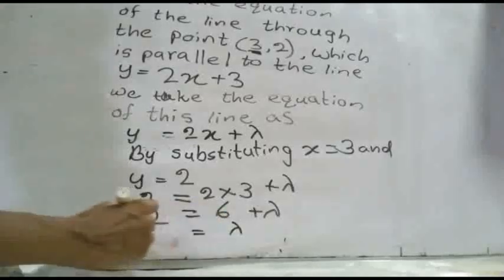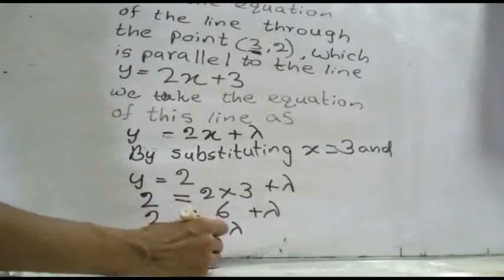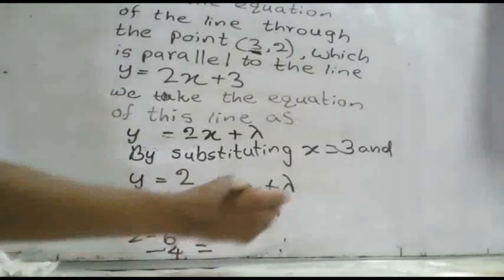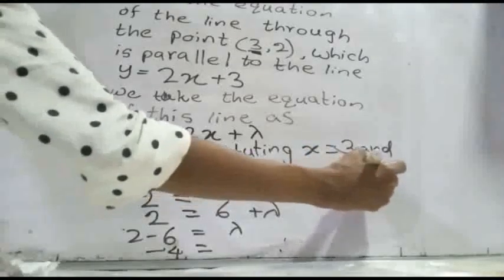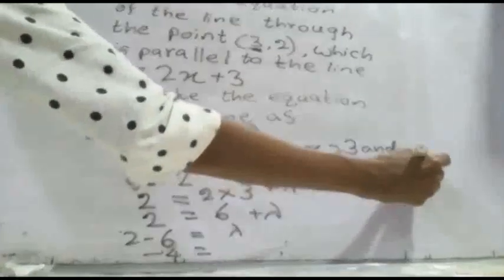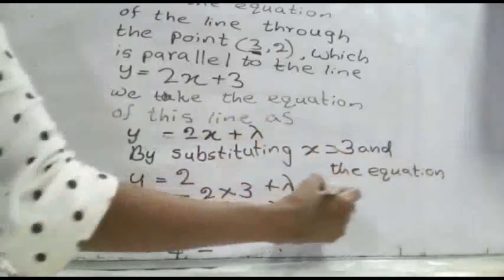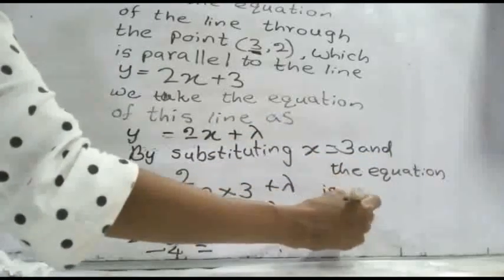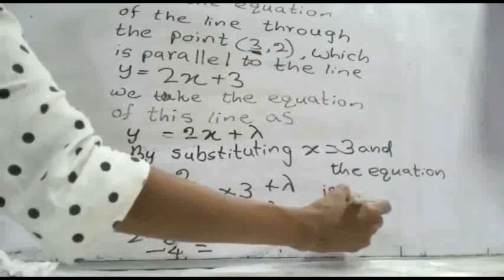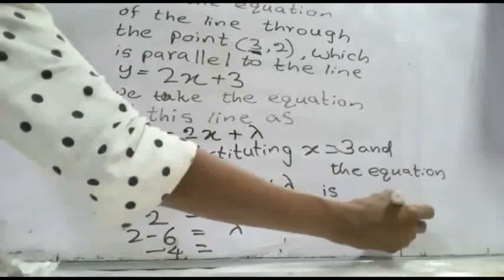Lambda is equal to 2 subtract 6, which is -4. The equation is y = 2x - 4.